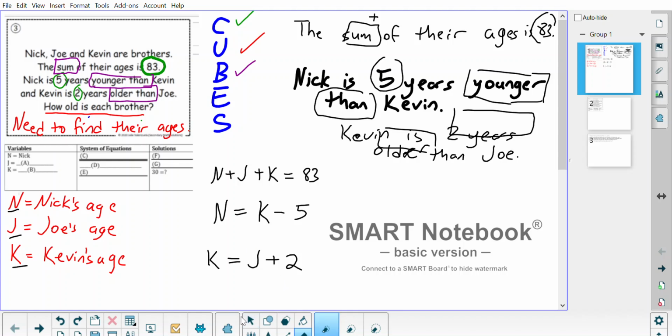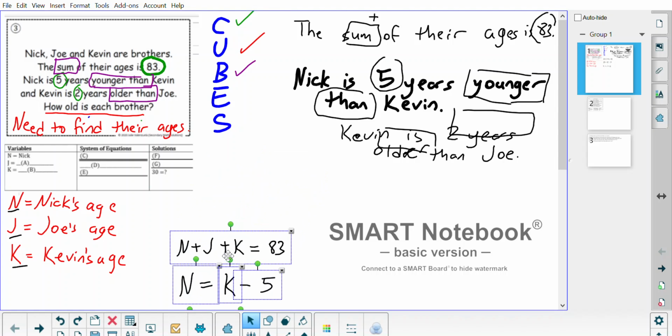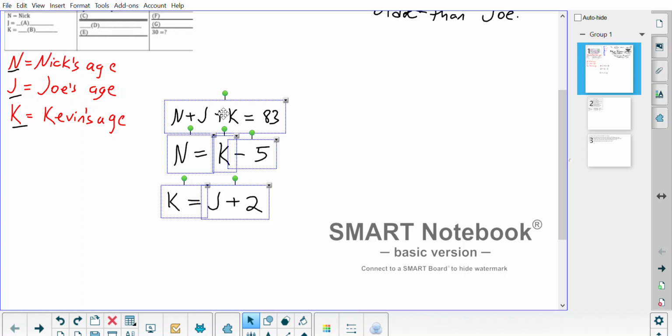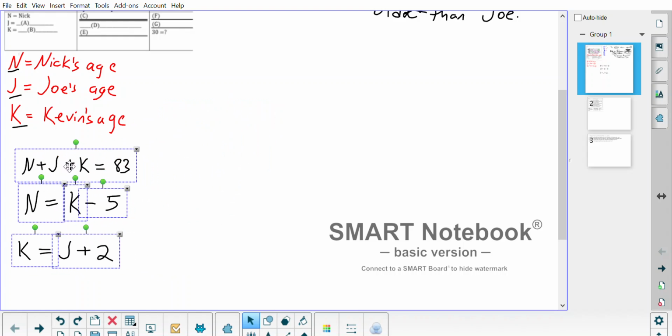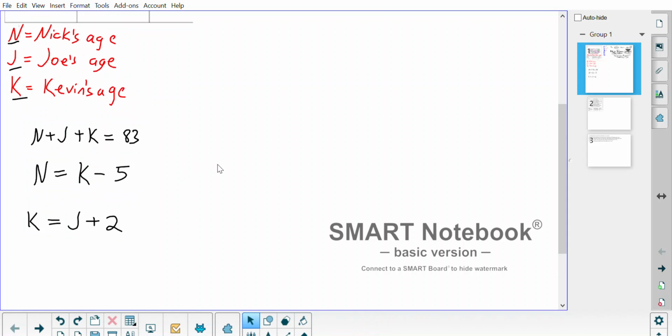Now, we have to take this whole system, and we either need to use substitution or elimination to solve it. There's a lot of us who are wondering, I don't know when to use which method. Well, if you look at this problem, notice how we have N and K isolated, right over here.